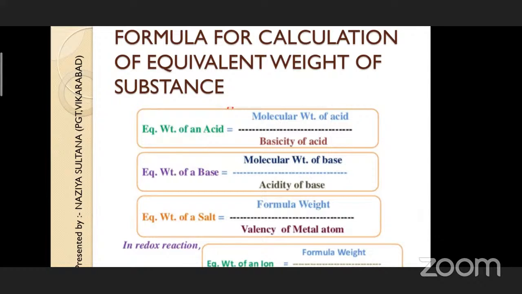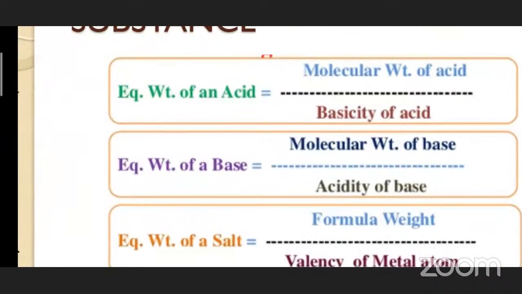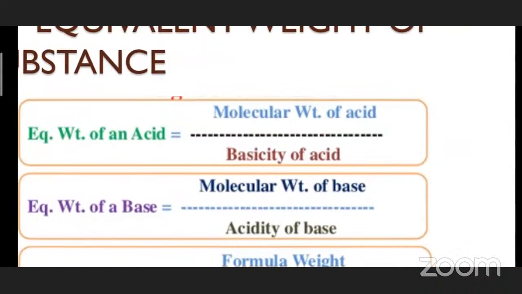Now we will be seeing equivalent weight. So what is this equivalent weight? Let us see. The equivalent weight of an acid: the formula is nothing but the molecular weight of the acid divided by the basicity of the acid.